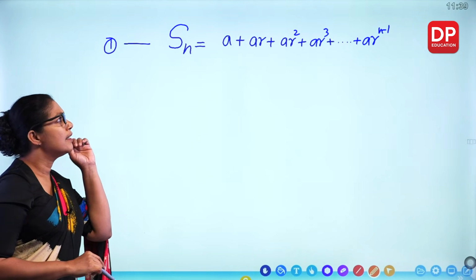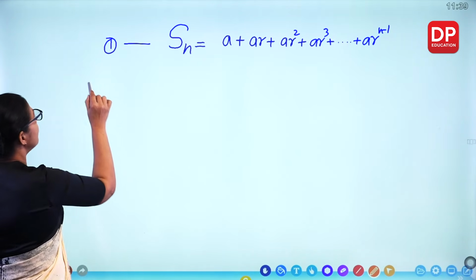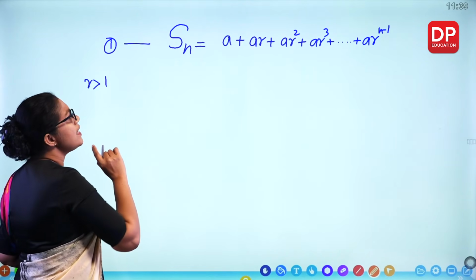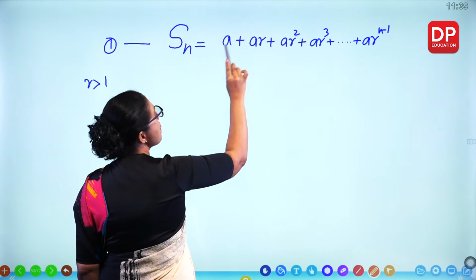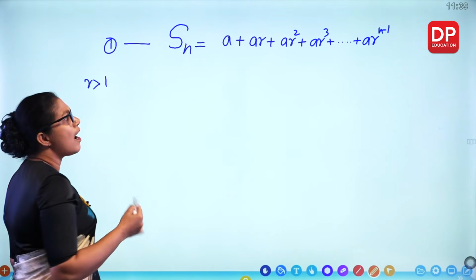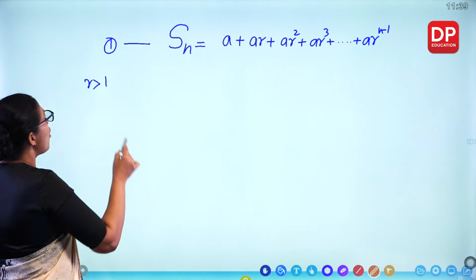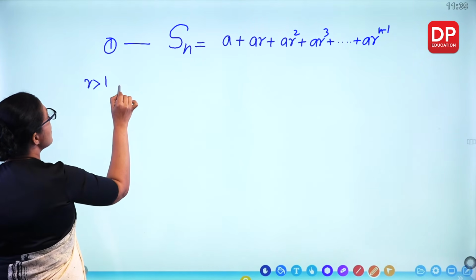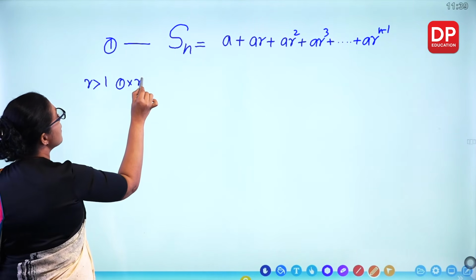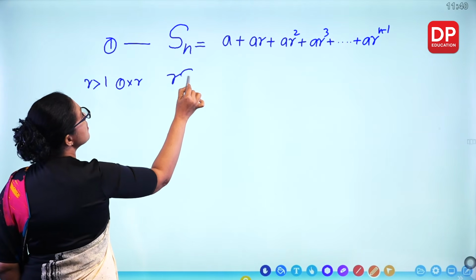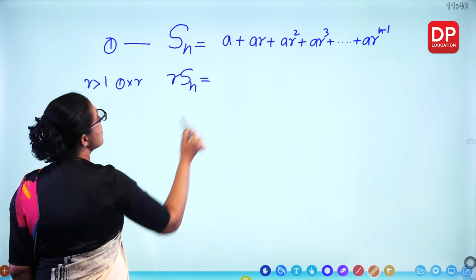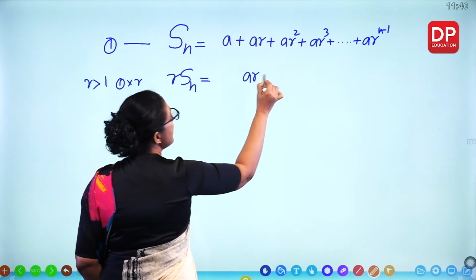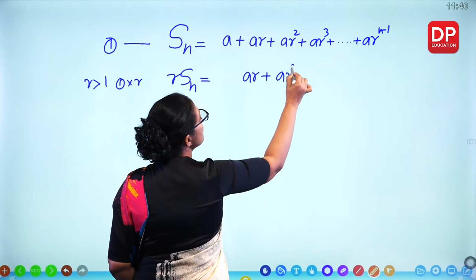Now think that R is greater than 1. What's the ratio here? AR divided by A. R is the ratio. So I want to multiply the first equation by R. What am I getting? R Sn equals A into R, AR. AR into R, AR squared.